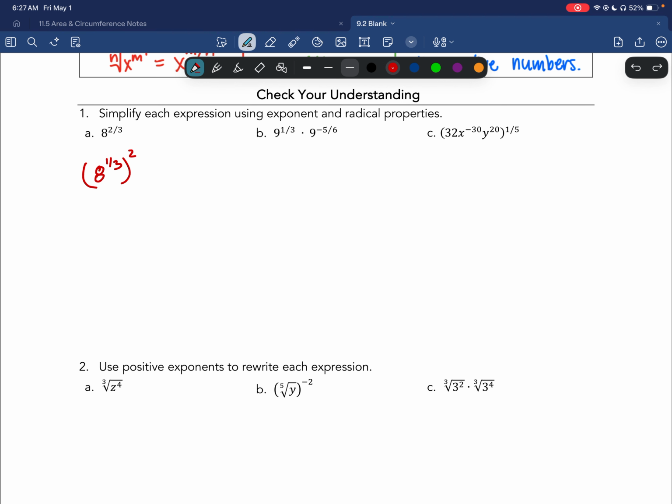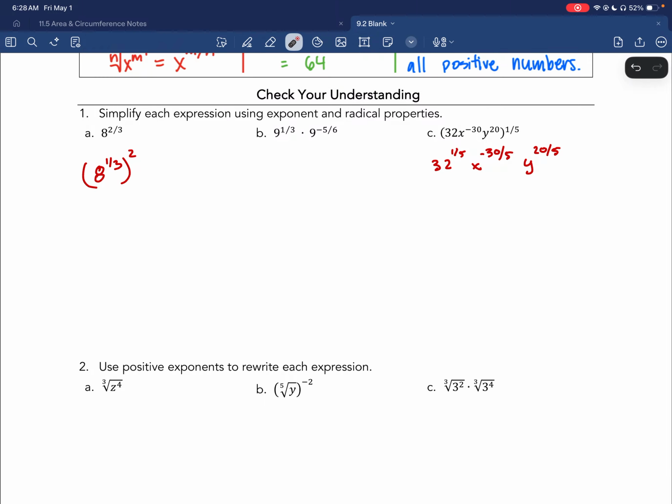Okay? This last one, C, we can distribute this into all of them. So this would be 32 to the 1/5, and then x to the negative 30 over 5, because negative 30 times 1/5 is negative 30 divided by 5, and y to the power of 20 divided by 5.